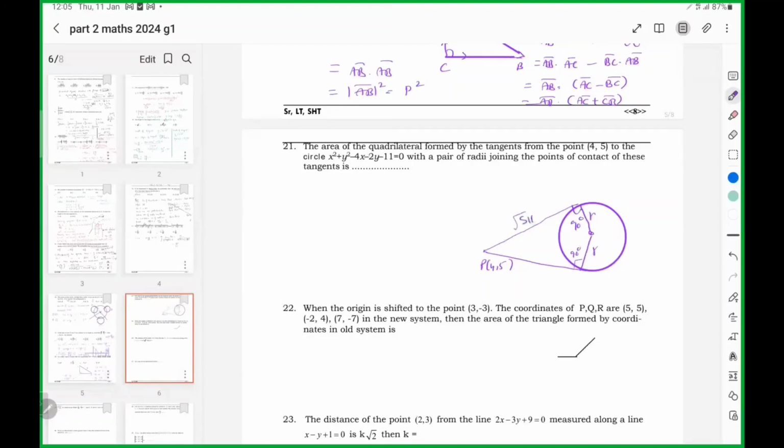Its length of tangent, area will be triangle area, half root S11 into R. Quadrilateral area, such triangles are two.